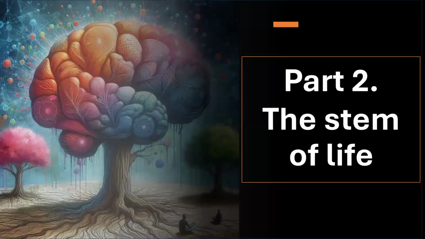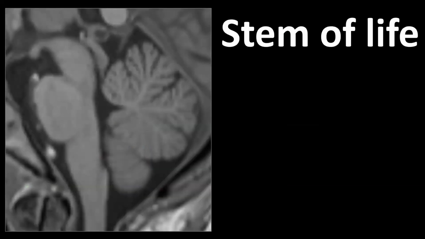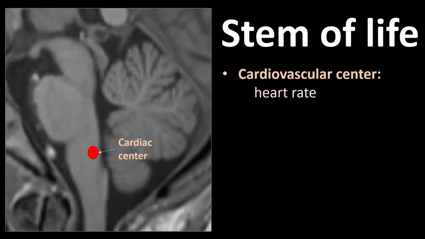Let's now discuss the functions of the brainstem in a bit more detail, and let's start with the stem of life functions. There are several nuclei in the brainstem which cannot be recognized on your conventional MRI images, but are nevertheless there, that are necessary for survival. We have a cardiac center, which is responsible for the regulation of our heart rate.